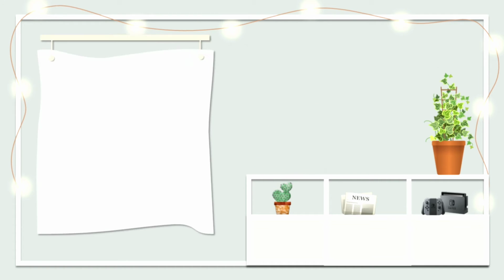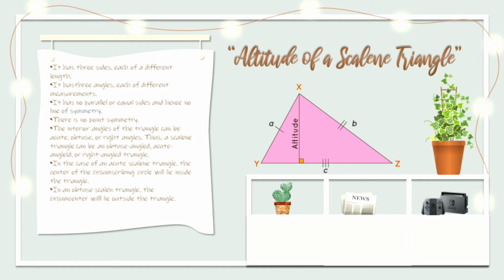First, it has three sides, each of a different length. Second, it has angles of different measurements. Third, it has no parallel or equal sides and hence no line of symmetry. The fourth is there is no point symmetry. Fifth, the interior angles of the triangle can be acute, obtuse, or right angle.